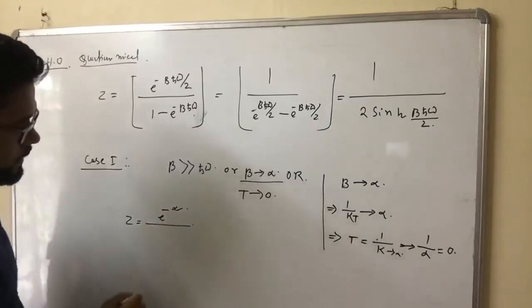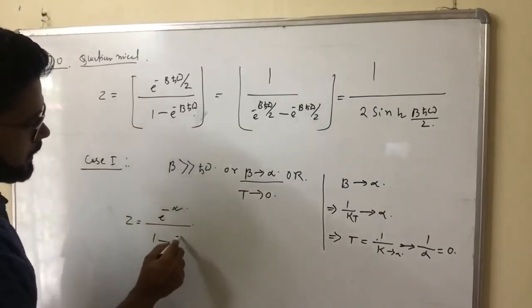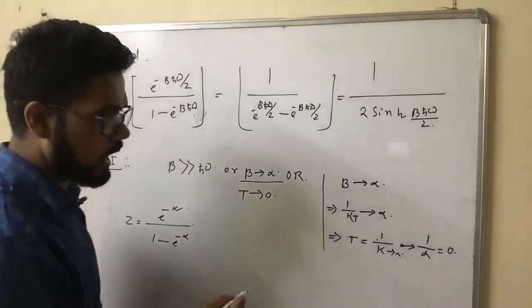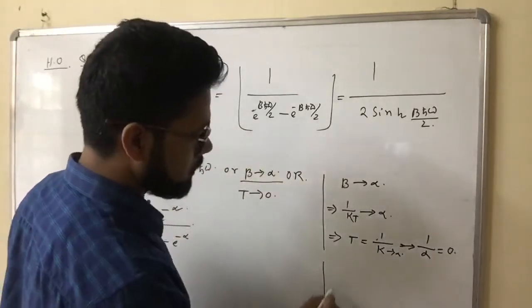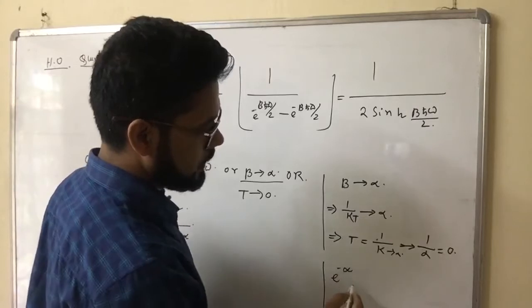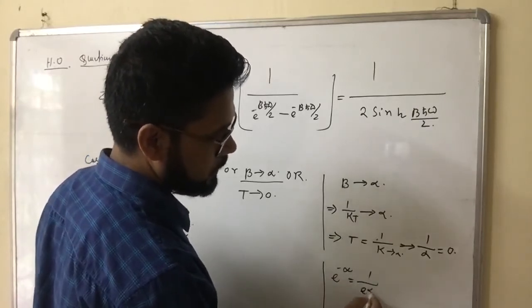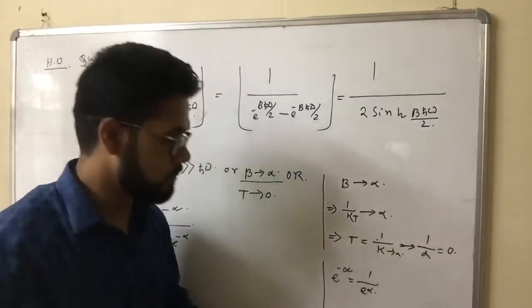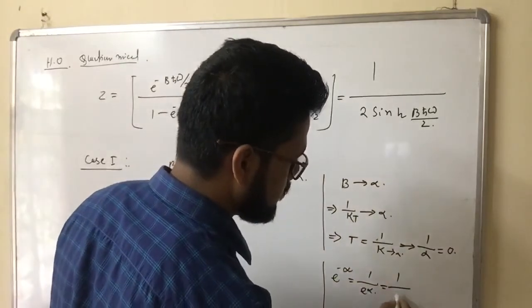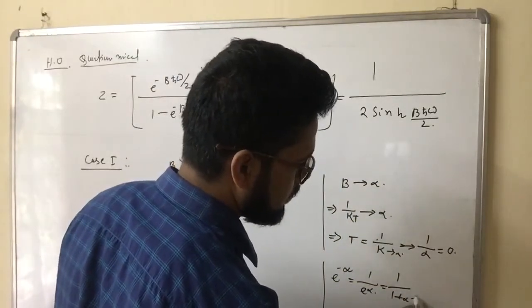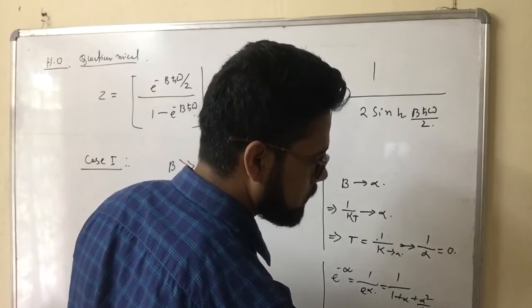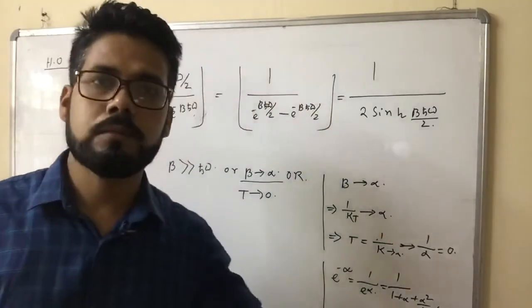It is infinity. So 1 minus e to the power minus infinity. So another question, never get confused: e to the power minus infinity equal to what? 1 by e to the power infinity, right? 1 by e to the power infinity means 1 plus infinity plus infinity square by factorial, something like that. Okay, 1 plus infinity means what?